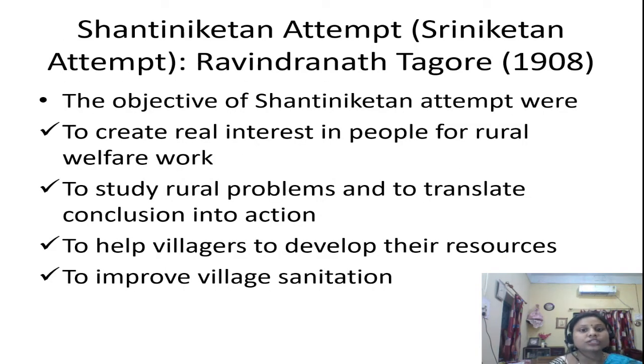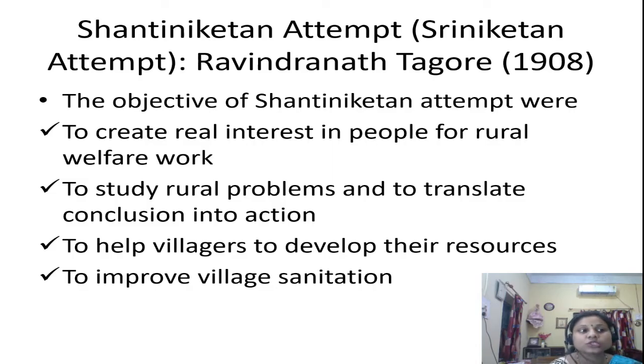The Sriniketan or the Shantiniketan Attempt was conducted by Sri Rabindranath Tagore ji. He was a Nobel laureate, a poet, a painter, a freedom fighter, and a novelist too. There are so many attributes which we can associate with Rabindranath Tagore ji in addition to his philanthropic work.